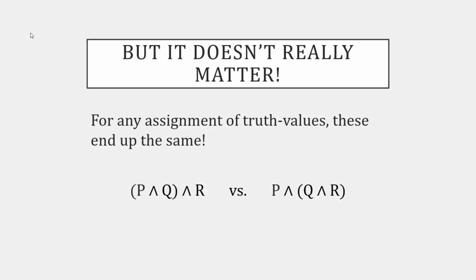The whole thing is true unless all three of them are false. If these were all and statements, it would be true only in case they're all true and false otherwise.